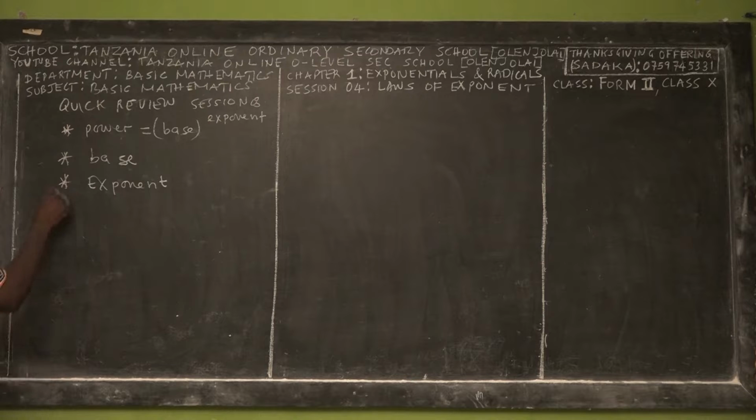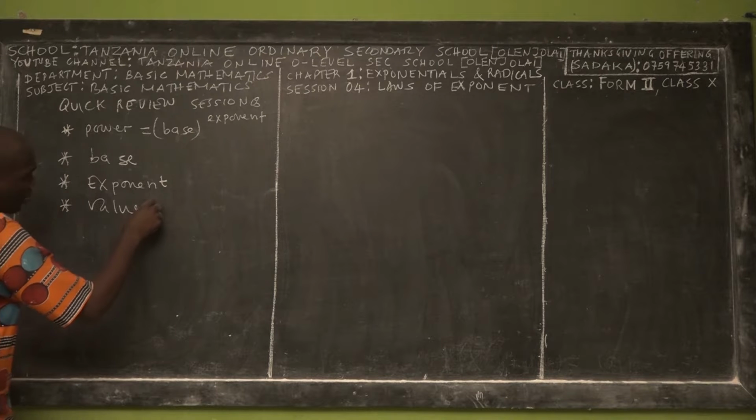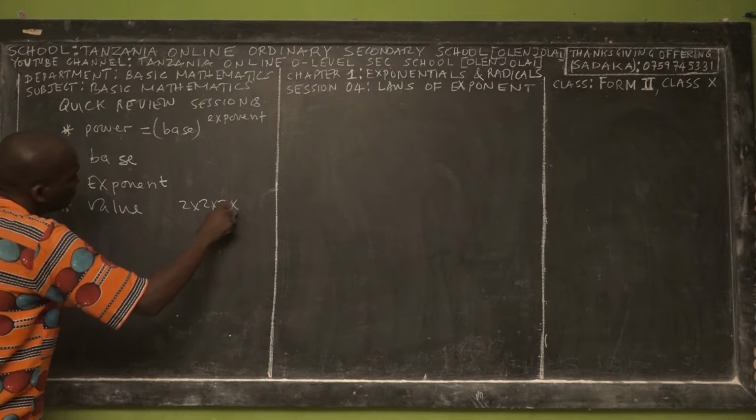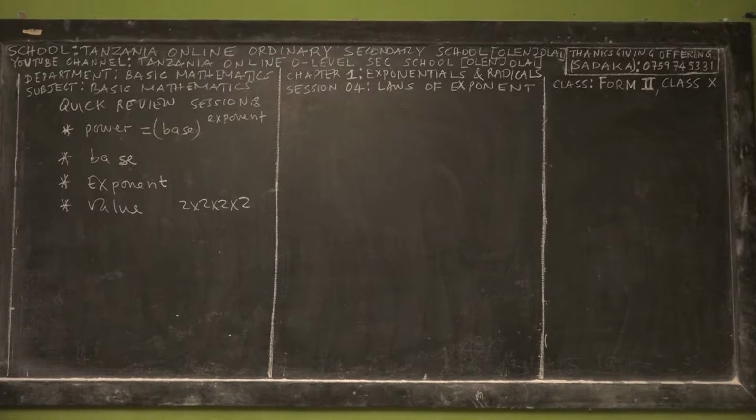Then we taught you how to find the value of a particular exponentiation. For example, 2 times 2 times 2 times 2 is equal to 16.